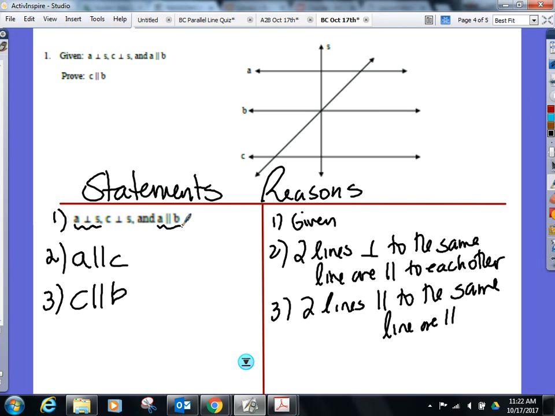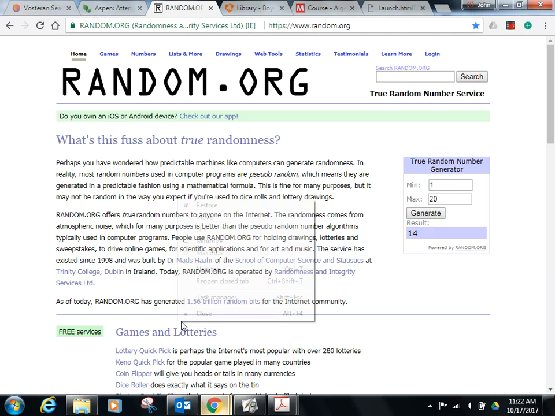I have A perpendicular to S and A parallel to B. So S is perpendicular to A, and A is part of a parallel line. Look at that theorem right now. If I have a line perpendicular to one of two parallel lines, what should I conclude from this? Instead of A parallel to C, what could I have also concluded now? Who's got one?